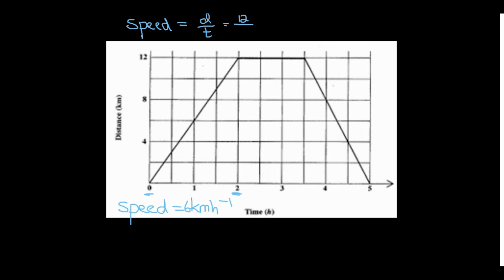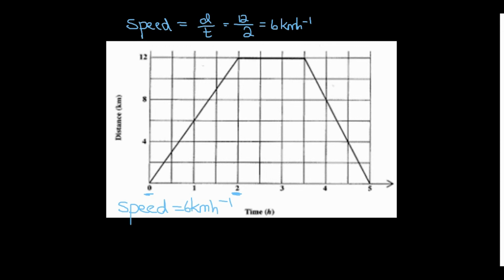Alright, so time taken is 2 hours. Now if I want to calculate the speed, at this point in time we just do distance over time. 12 divided by 2 is just 6 kilometers per hour. Right? Now you could also do it from the approach of it being the gradient, and you consider 2 points on the line.